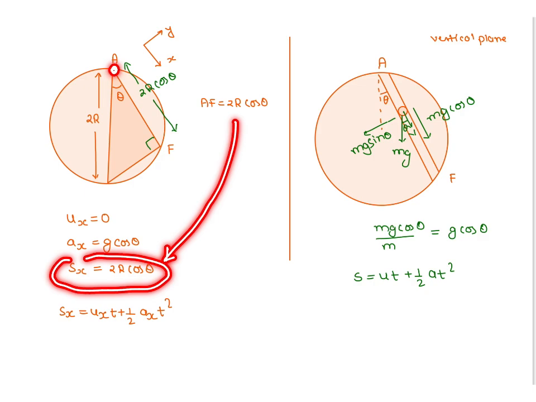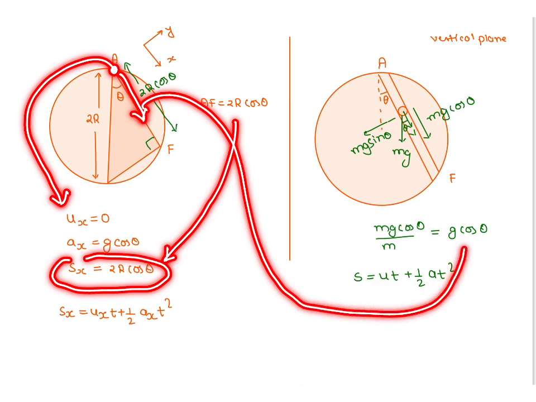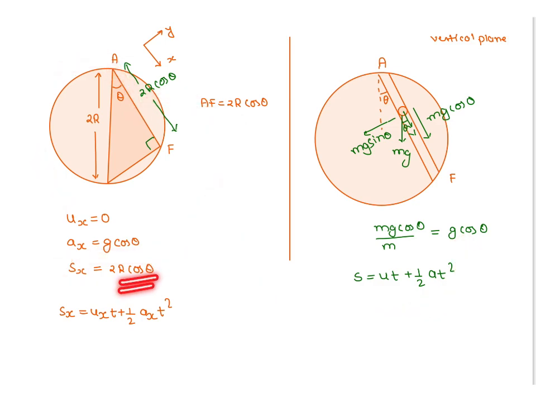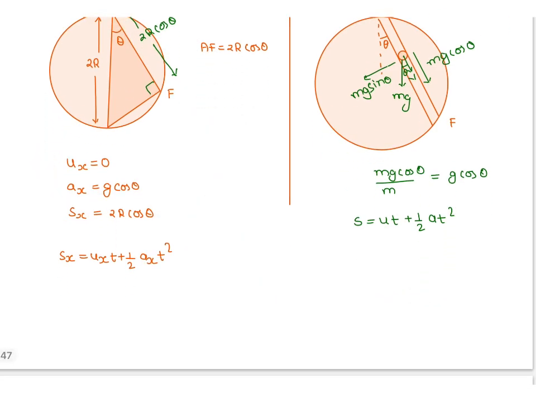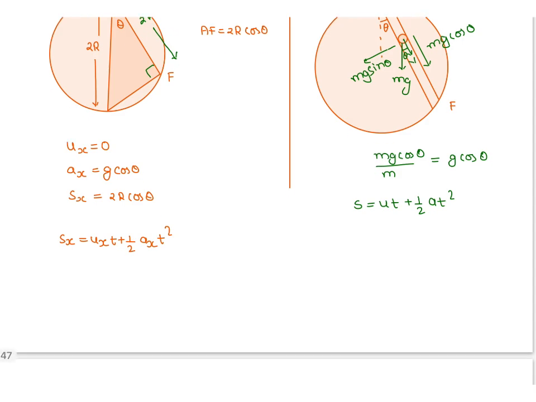Since we are releasing this particle here, the initial velocity is 0. And the acceleration in this direction we have already calculated: it is g cos theta. Since acceleration is constant, I can use this formula: displacement in x direction is equal to uxt plus half axt square. The displacement is 2r cos theta, and the initial velocity in x direction is 0.